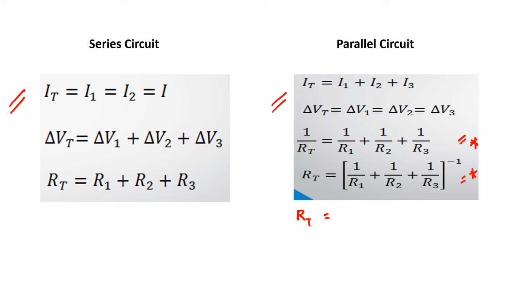If you have two resistors, that would just be R1 times R2 divided by the sum of R1 and R2. So that is why it's called product over sum.